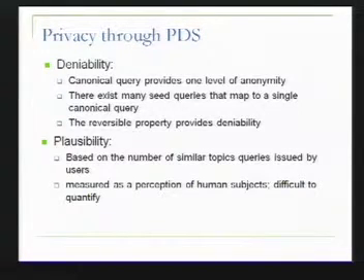And also plausibility, there has to be some kind of human study to see what queries are plausible, but the way we are doing it is based on the fact that a particular query is semantically related to many queries already issued by users from a query log. So the plausibility is also captured here.